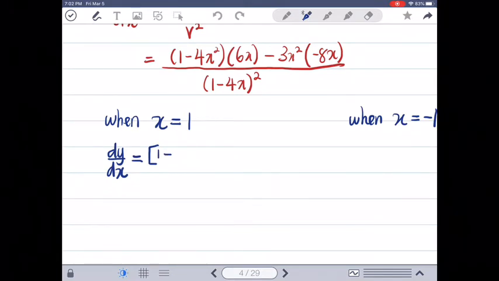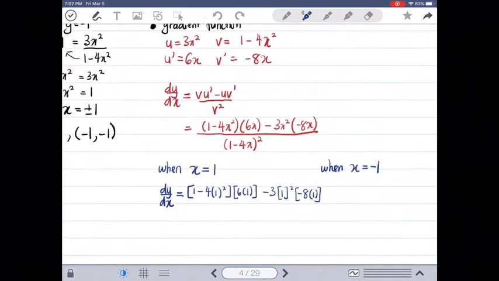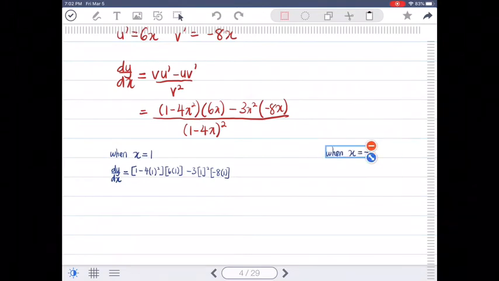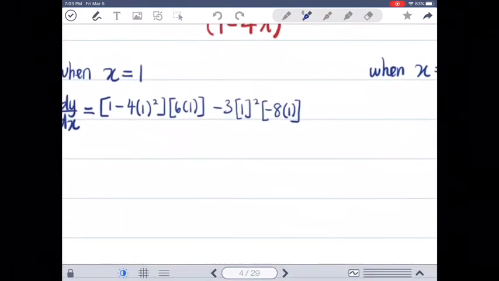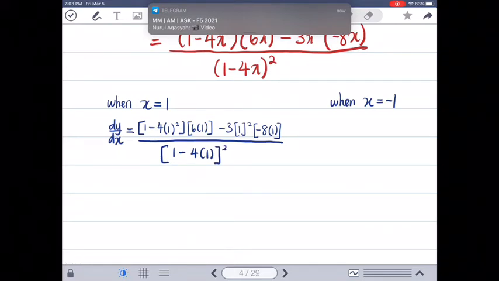So we have 1 minus 4 times 1 squared, multiplied by 6 times 1, minus 3 times 1 squared, multiplied by negative 8 times 1, over 1 minus 4 times 1, to the power of 2.